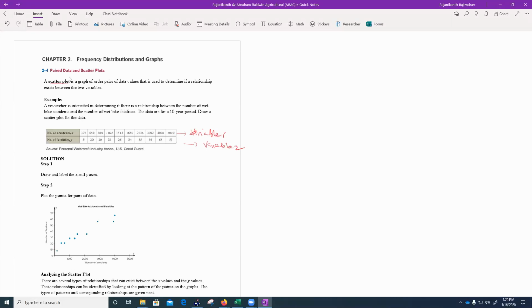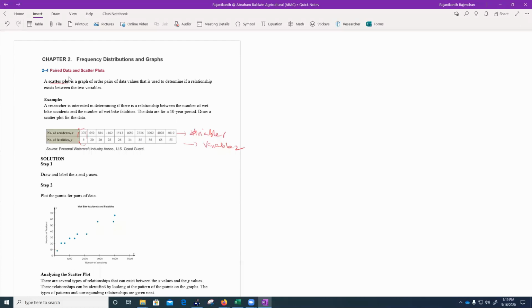First, I'm going to draw a scatter plot. How do you draw the scatter plot? Like earlier, you have to enter these two variables into x and y. My x values are the number of accidents, and my y values are the number of fatalities. For example, in the first column, two data values are given.